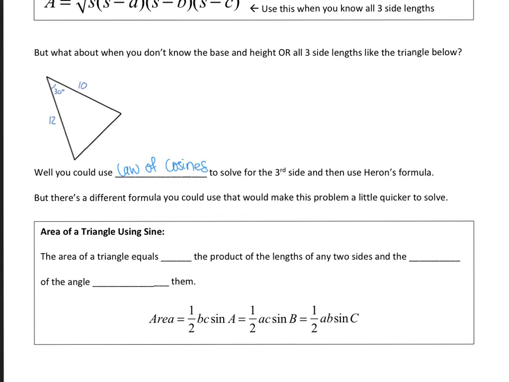So the area of a triangle equals half the product of the lengths of any two sides and the sine of the angle between them. Just like law of cosines, you can see that this formula has three different forms, and these three forms are just assuming that you're using a triangle ABC.